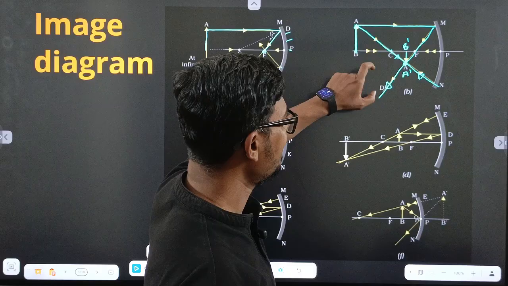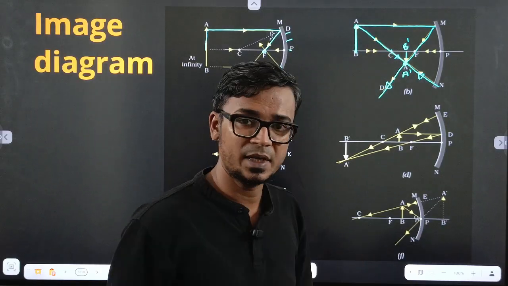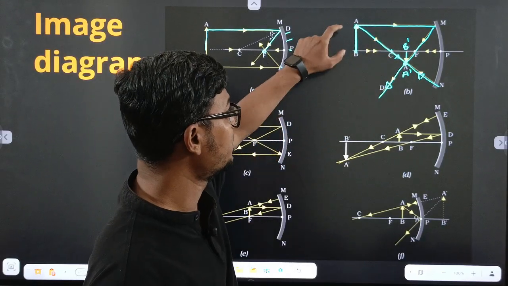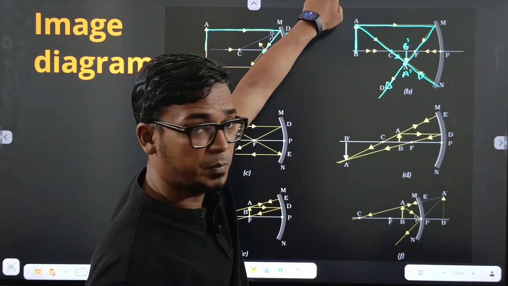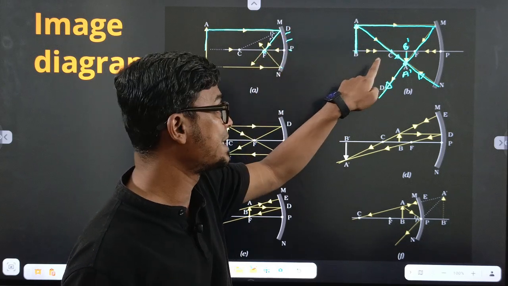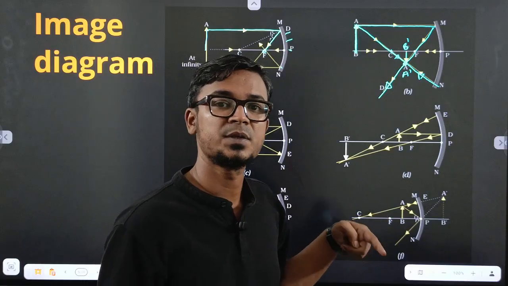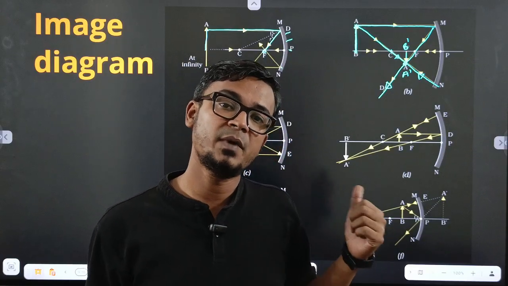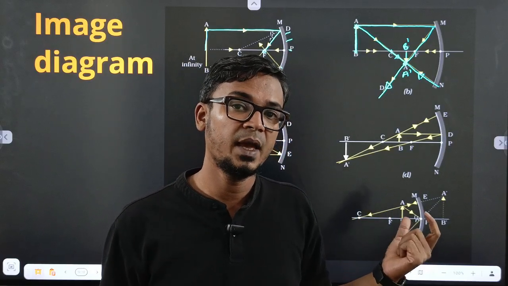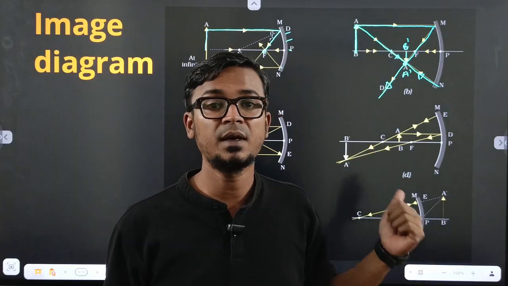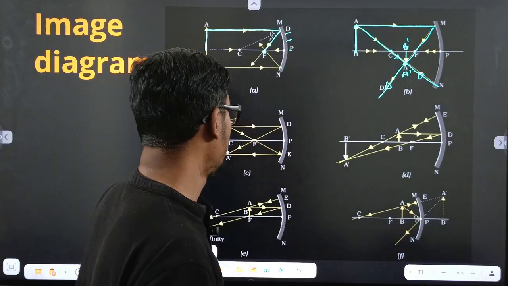Here we can see this image is definitely inverted, because for the object, A was at the top position, but for this image we can see A is at the bottom position. So we can say this image is inverted, and this image is definitely a real image.